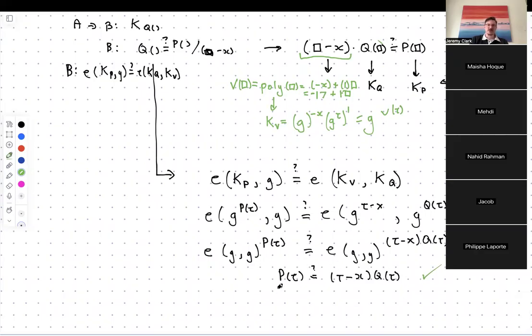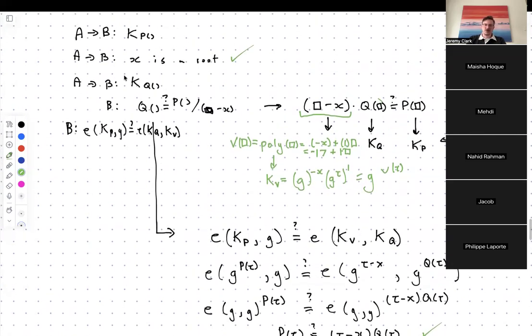What this proves is just that this multiplication holds at the value of tau. It doesn't necessarily prove that it holds at all other points, but because of the Schwartz-Zippel lemma, if it holds at tau with overwhelming probability, it's going to hold at all points along the polynomial itself.